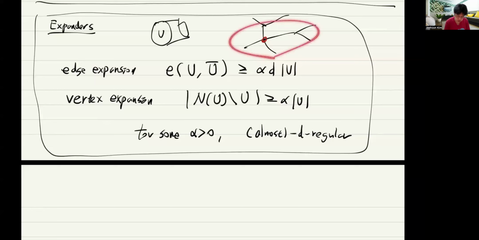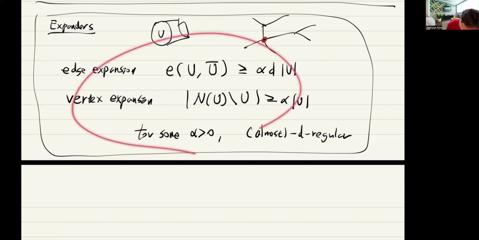So it's related to expansion and random walks. Expansion is also related to the algebraic properties of the graph: the spectrum of eigenvalues has a close relationship with expansion. It's also used for error correcting codes and coding theory in theoretical computer science, and so on. It has lots of applications.